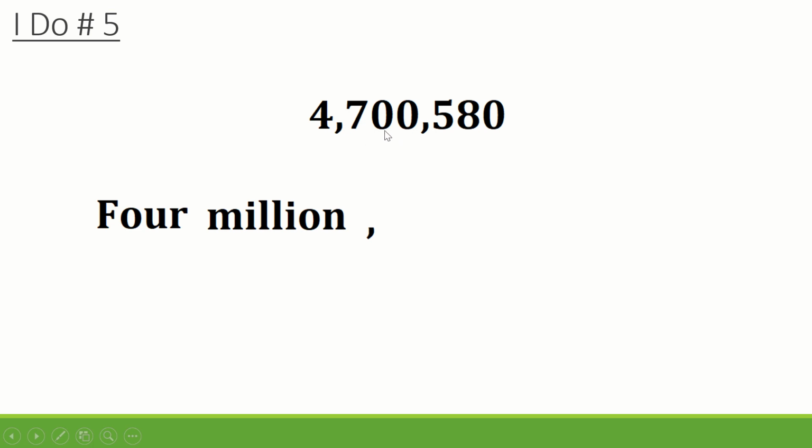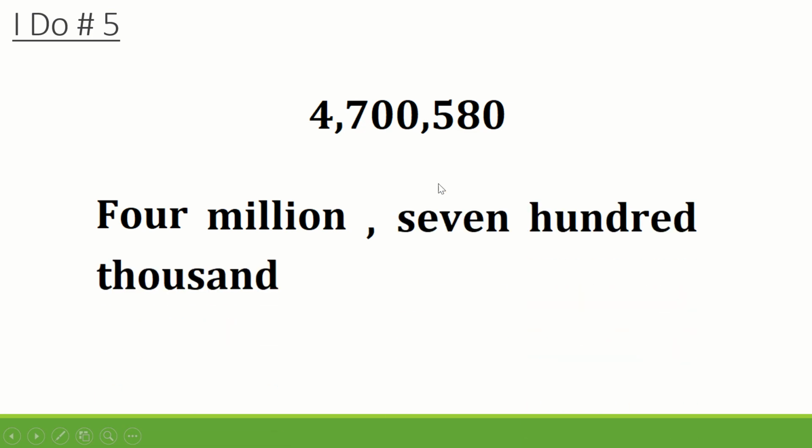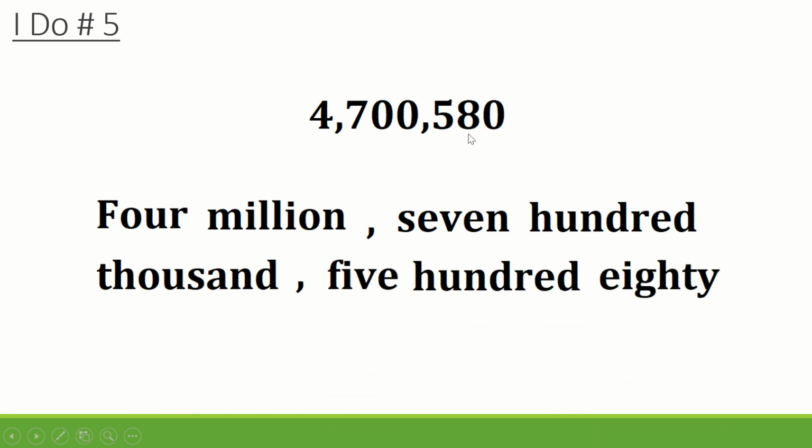There's nothing in my 10,000s, nothing in my 1,000s place. So I write 700,000, comma. Then I have 580. So that is written the same way I speak it, 580. And there we have our number written in its word form and its standard form, which was given to us.